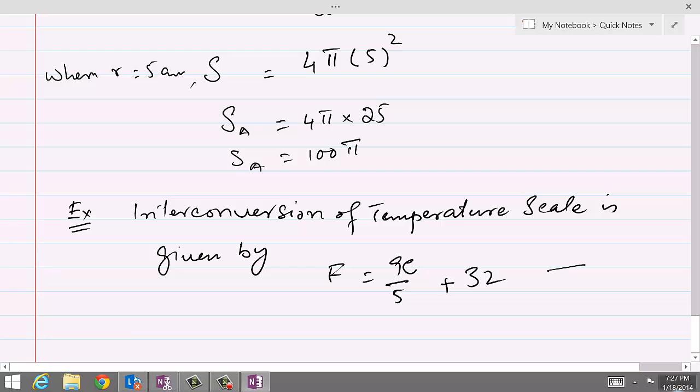So this is in fact the formula to convert Celsius degree temperature into Fahrenheit scale.